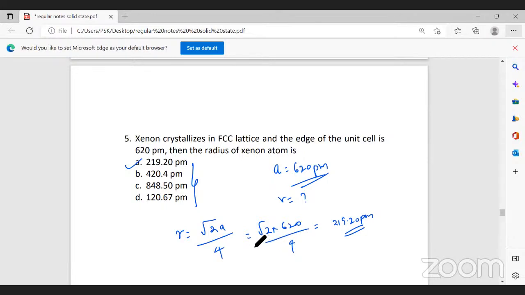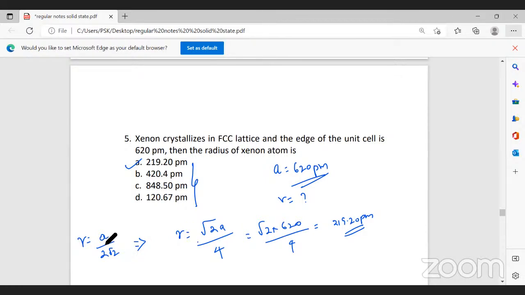Sometimes don't get confused. This relation, you can also use r is equal to a by 2 root 2. It's all the same. Sometimes in textbooks, they give this formula also. You will get the same answer.